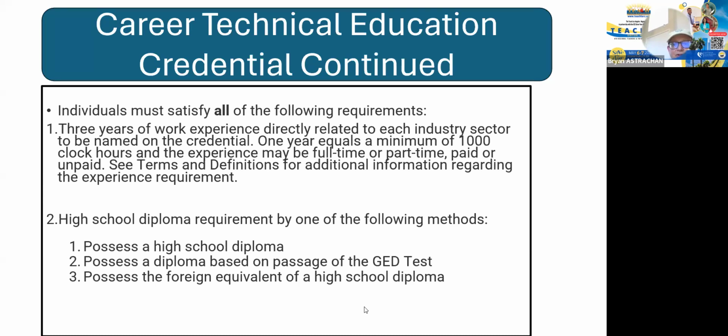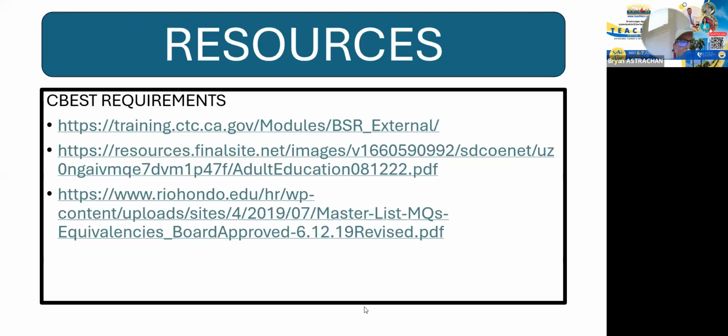And if you really want to look at the terms and definitions, I encourage you to go to the CTC webpage. There's no way around the high school diploma requirement. It's one of three things, as we mentioned. It's going to actually be a high school diploma or a GED, possession of a foreign equivalent, which has got to go through the equivalency process.